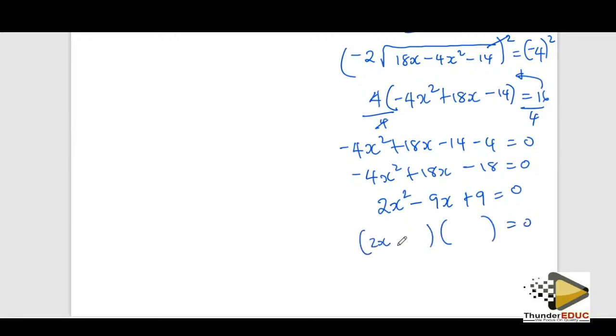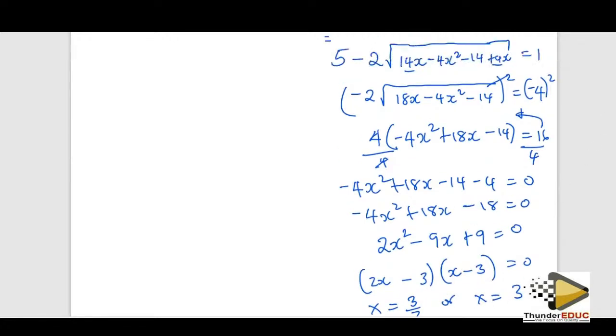Okay, so if that is a 2x, this is going to be x. And I can use the raise minus sign since my product here is a positive. So either my x is going to be a 3 over 2, or my x is going to be a 3. Okay, so that's what I'm getting.